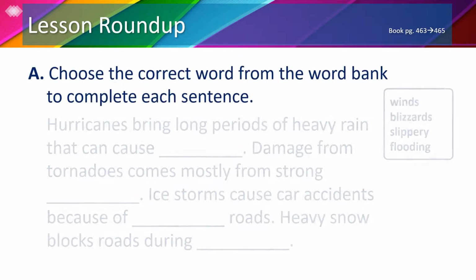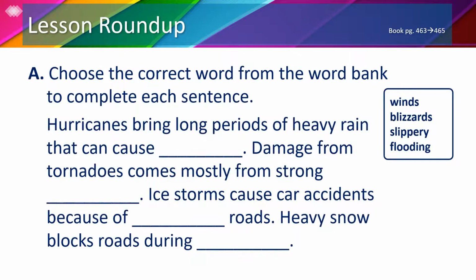We're skipping number 6 and going to page 465, Lesson Roundup, Part A. Choose the correct word from the word bank to complete each sentence. Hurricanes bring long periods of heavy rain that can cause blank. Heavy rain can surely cause flooding of water. Damage from tornadoes comes mostly from strong blank.